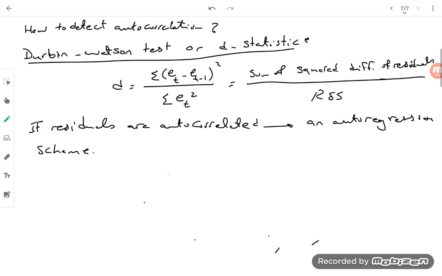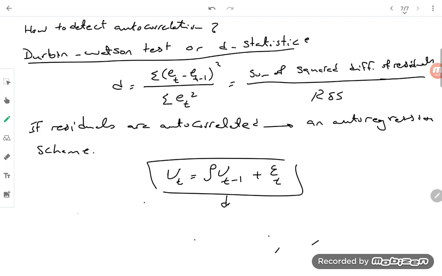So we can write it as follows: u at time t equals rho u t minus 1 plus epsilon t. This equation is known as the first order autoregressive scheme.